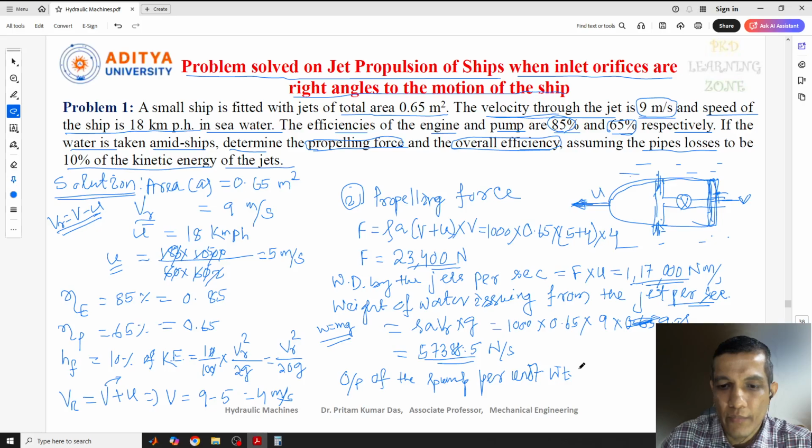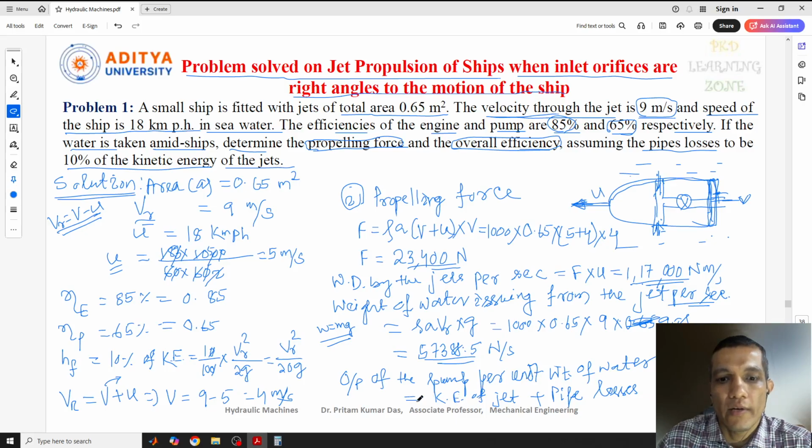So the output of the pump per unit weight of water is the kinetic energy of the jet plus the pipe losses. It means, what is the input given, and by that input what losses happened there.